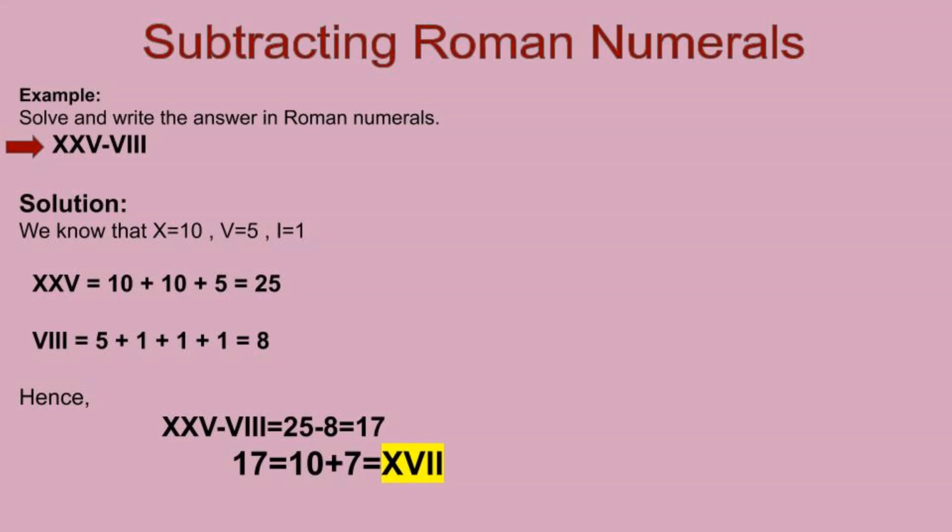Hence, we need to add the values. 10 plus 10 plus 5 gives 25. Likewise, we know the value directly for 8. VIII equals 8. Hence, 25 minus 8 gives 17. 17 has to be written again in Roman numerals. That is nothing but XVII. Hence, we find the answer.